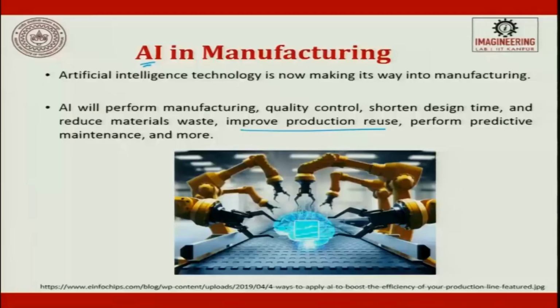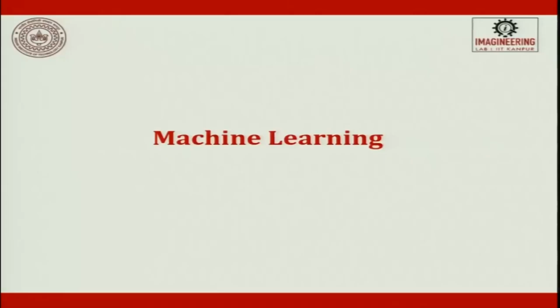For example, when the waste is getting generated, can we give it as it is for processing? Can we take it to a smelting furnace, smelt it and then use it? So, these are some of the things for which artificial intelligence is used exhaustively in manufacturing.